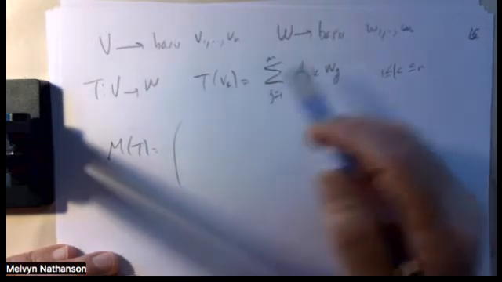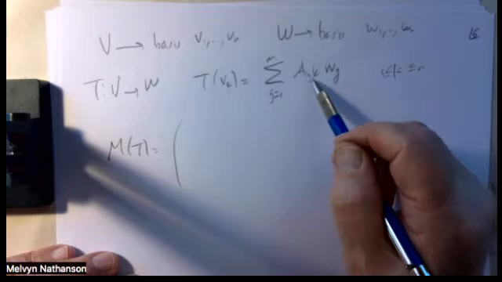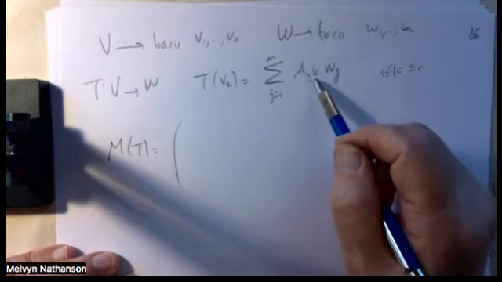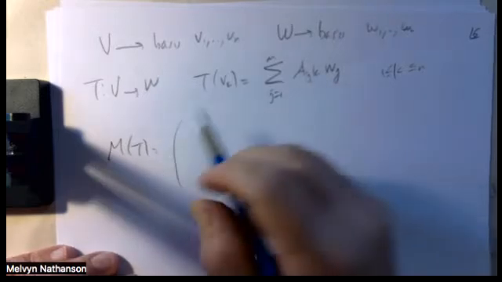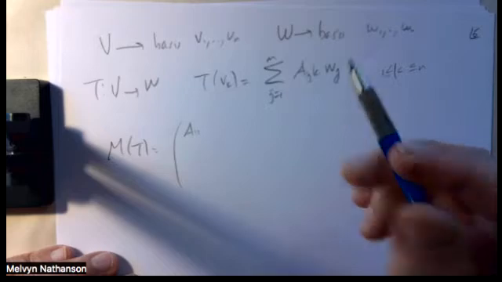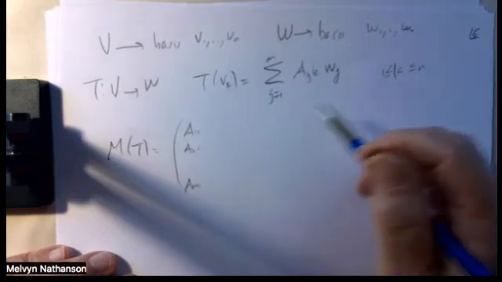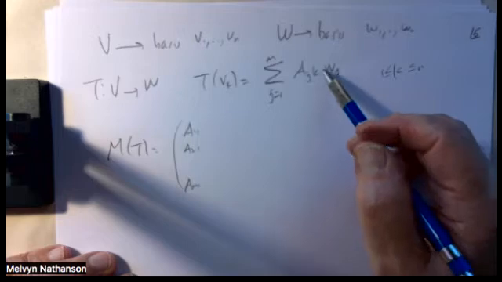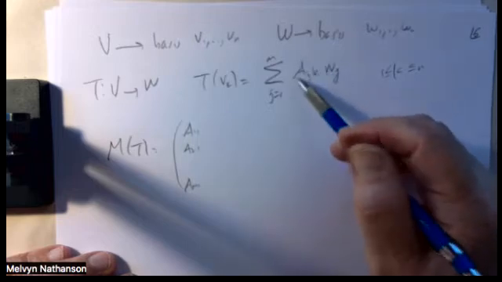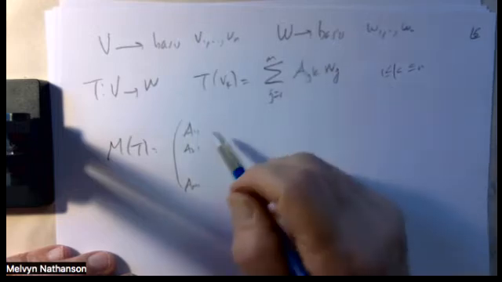If I look at T of v1, I take those coordinates and use them as the first column of my matrix: a11, a21 down to am1. If I take T of v2 and look at these coordinates, these will form the second column of my matrix.